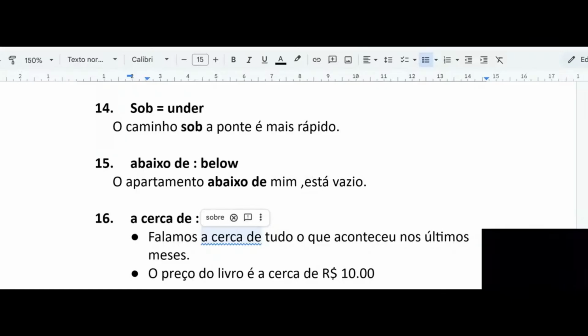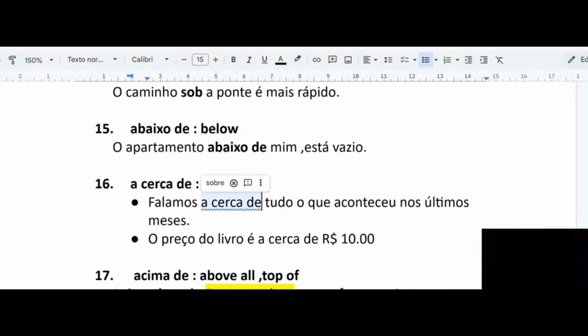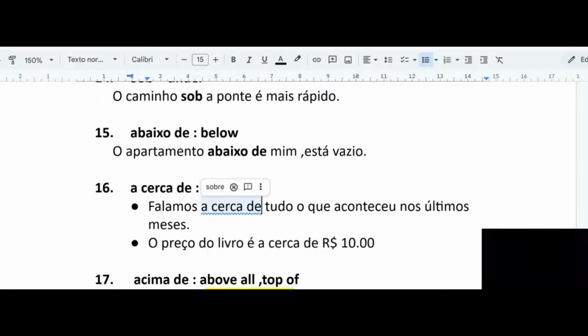What they were saying is, we talk about all that happened in the last months, so it's about an idea, about thoughts. So sobre, you can use it there too. O preço do livro é acerca de R$ 10. The price of the book is about R$ 10.